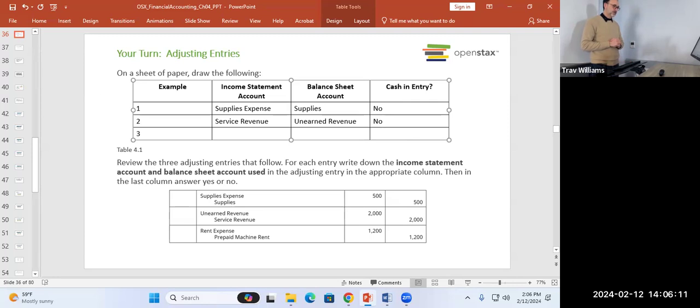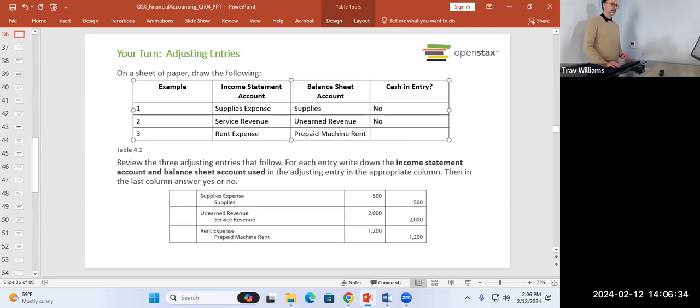Okay, next one, we have rent expense and prepaid machine rent. Which one goes under income statement account? Rent. Rent expenses, right? Prepaid machine rent goes over here. What type of account is that?